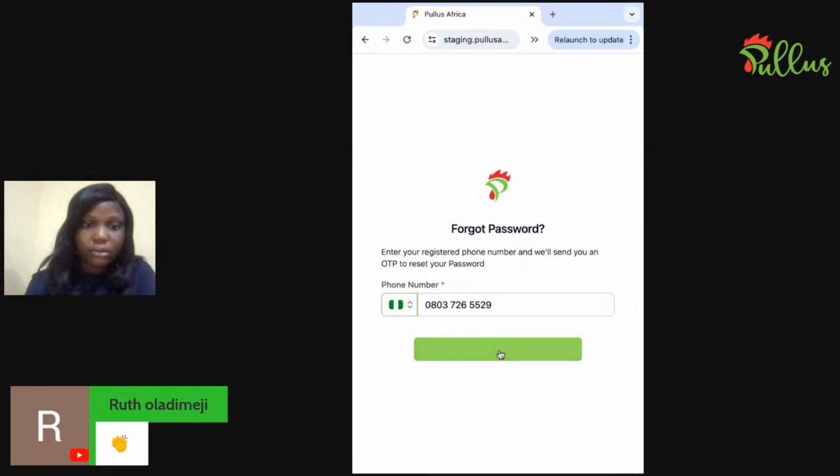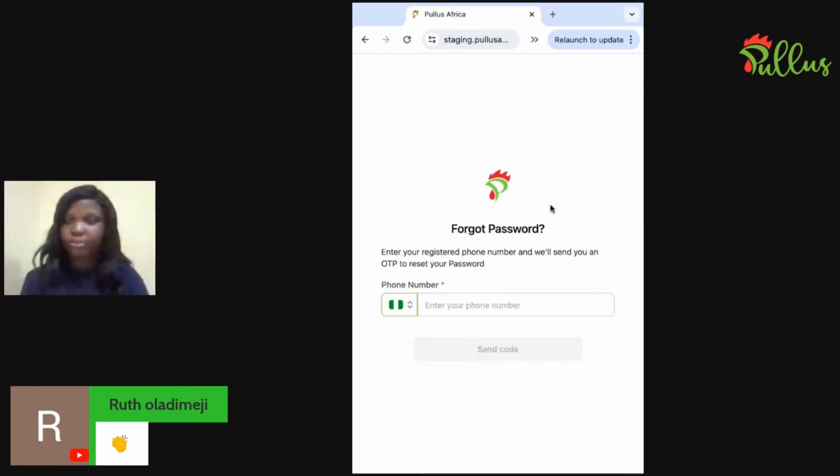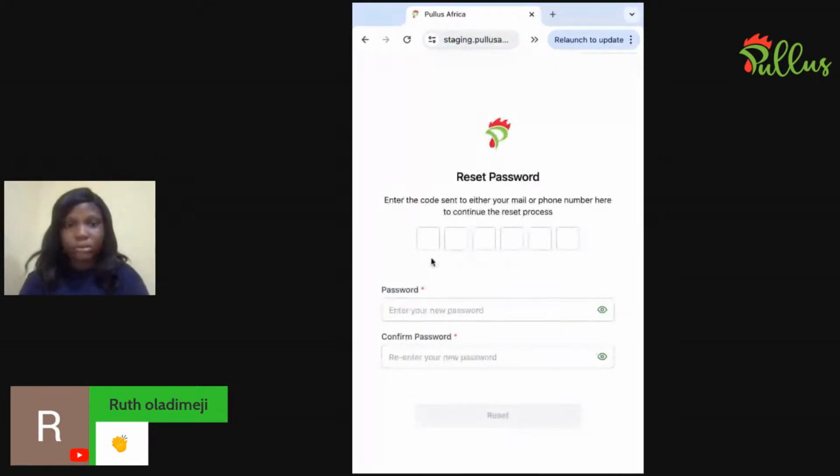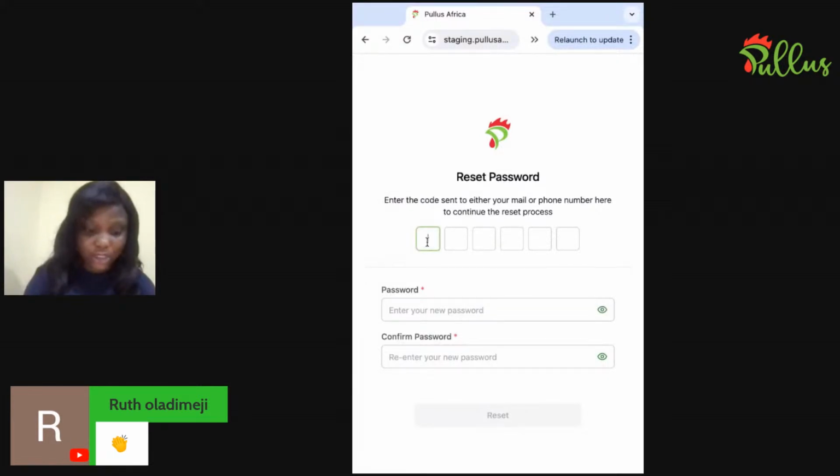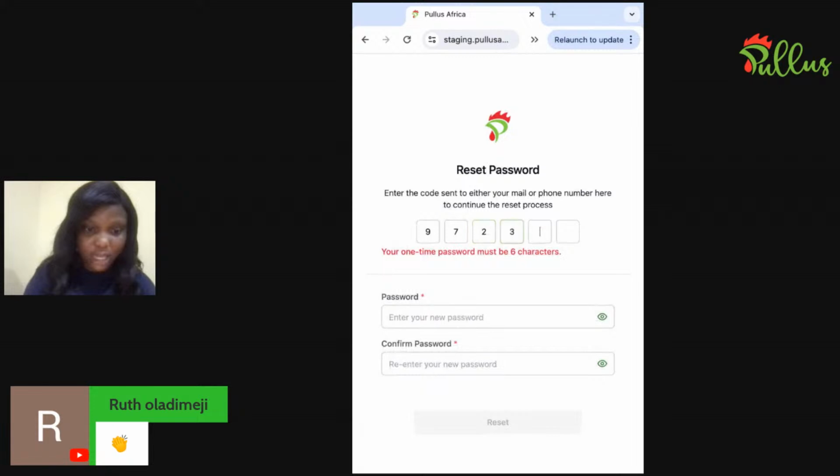Okay. And then we'll get a code. The next step is to input that code. The code expires, so you need to input it as fast as possible.